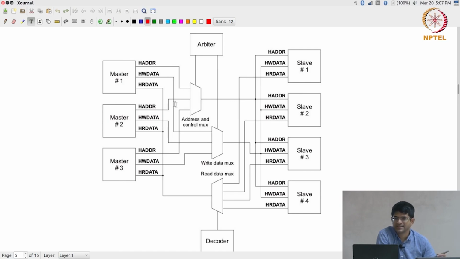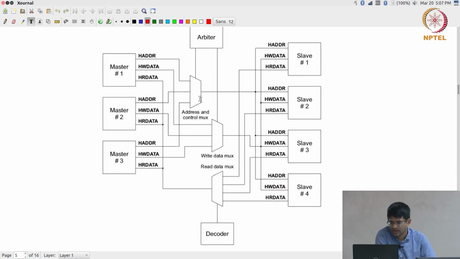The AMBA bus is designed around the idea that you use multiplexers. In practice multiplexers themselves can be implemented using tri-state, so this does not actually specify how exactly you are going to implement it. This is only the logical view of things. Logically, the way to think about the bus is that there are multiple masters and the arbiter's job is to use a multiplexer to determine which of those masters gets to drive data onto HADDR as well as HWDATA.